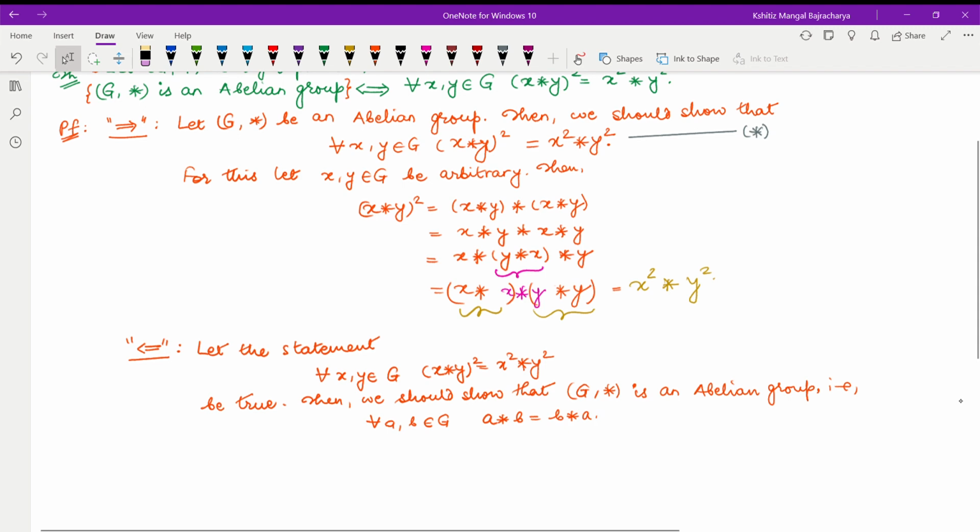We need to prove this in order to prove that G star is abelian.